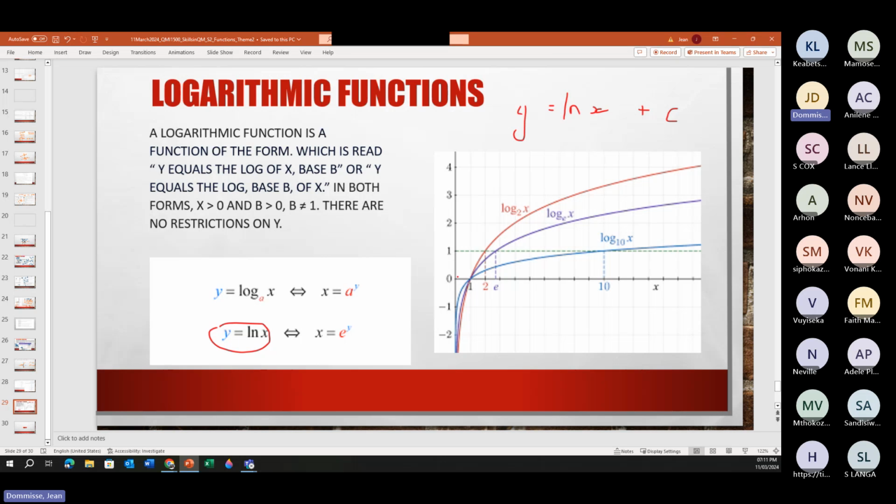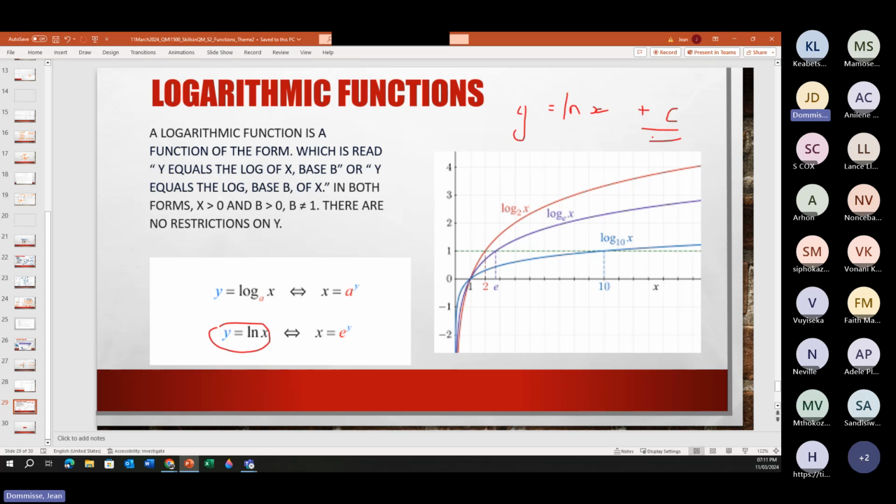So that's the only time a log function can go through the y-axis, if there is a constant added to the function. You guys don't need to do it, that's why I didn't want to add it.